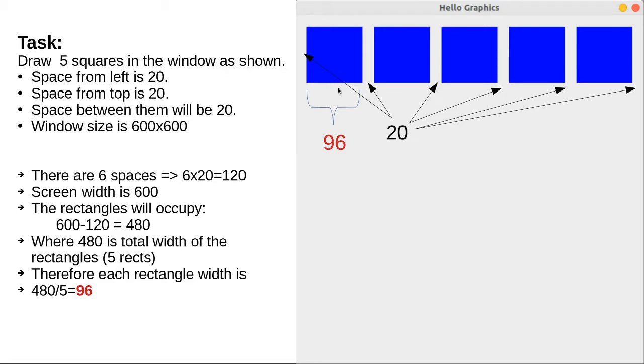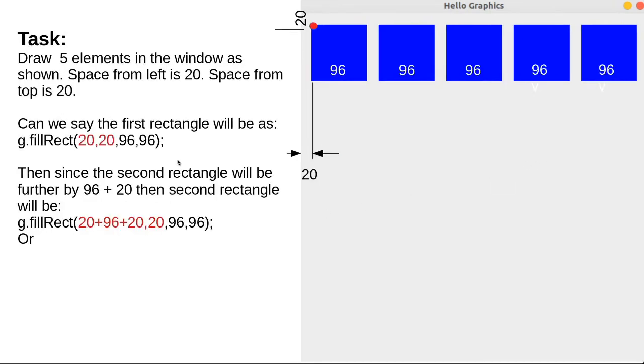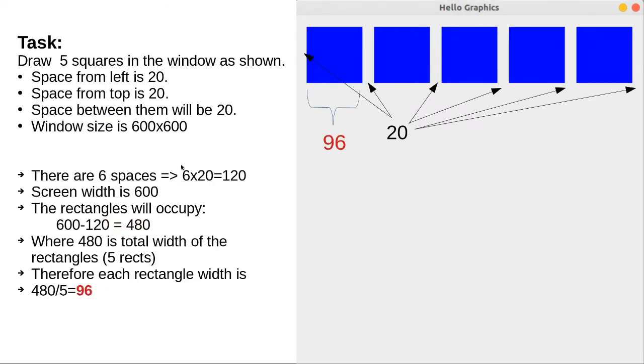If you see on the screen, 1, 2, 3, 4, 5, 6 spaces are equally there. So 6 times 20 will be total 120. That is from the window width. That space should be used for spaces.